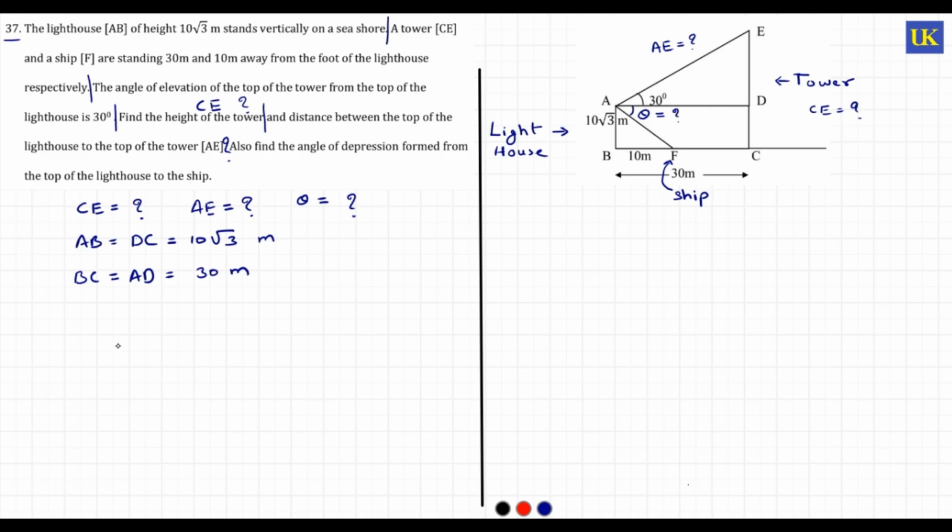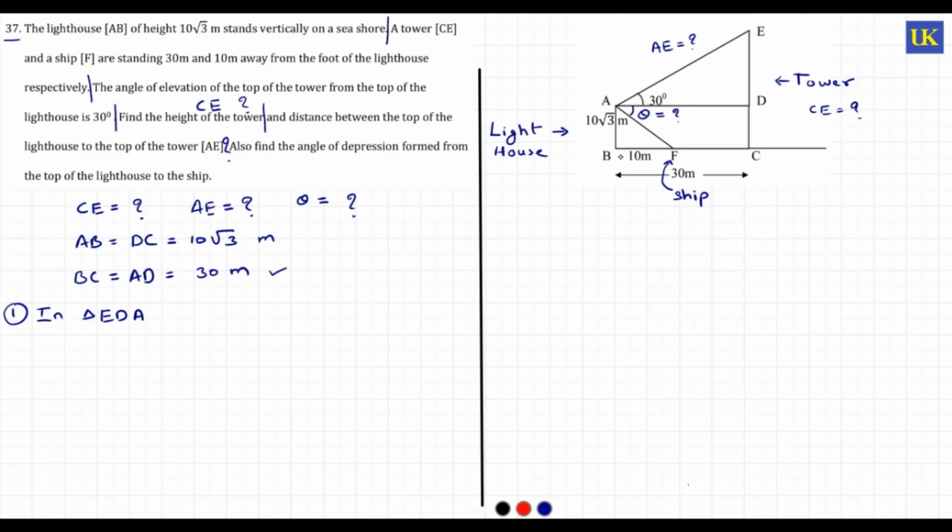Now let's start solving it. Firstly, we will consider triangle EDA. We know the bottom, AD, which is 30 meter.